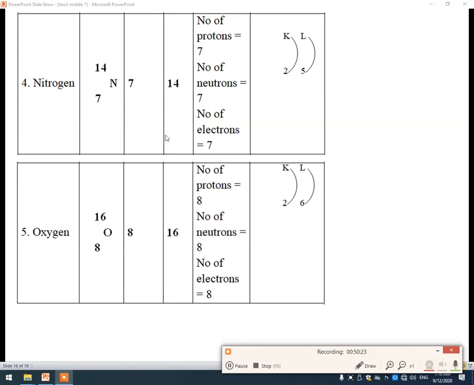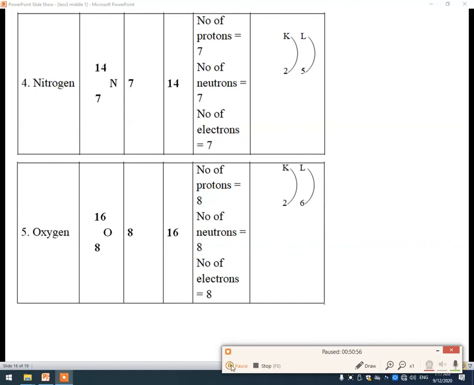Okay, let's distribute step by step. First, energy level K, saturated by 2. So how many electrons are left from the 7? 5. And we said that each energy level is saturated by 8 electrons. So the next 5 electrons will be in the next energy level, which is the L. So the electronic configuration will be K2L5.